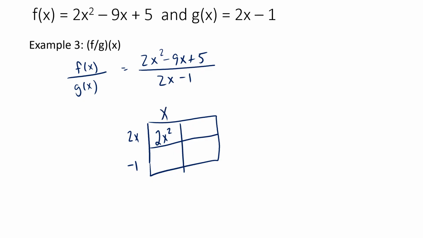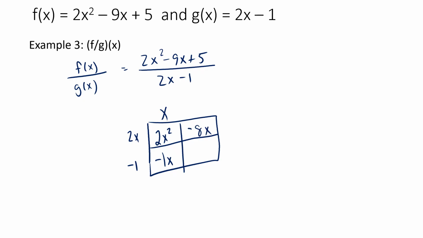Well, that would be x, and then we multiply to get this lower left here. Now I have negative 1x squared, but what I'm trying to divide has a negative 9x in it, so these two must add up to negative 9, which makes this one a negative 8x.